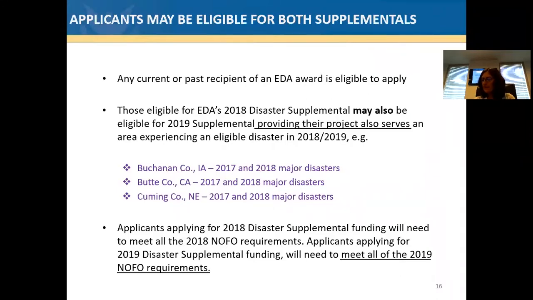Cumming County, Nebraska, had severe storms, tornadoes, straight-line winds, and flooding in both 2017 and 2018. From what I understand, there are about 21 counties in Northern California that would be eligible for both supplementals. 18 of them are for flooding earlier this year, and the rest are for wildfires.